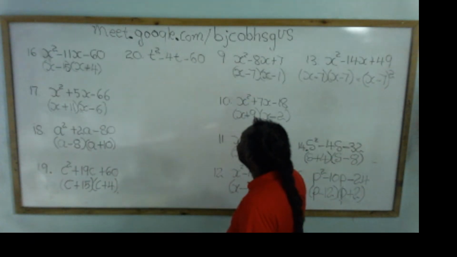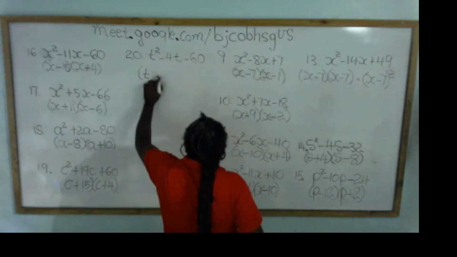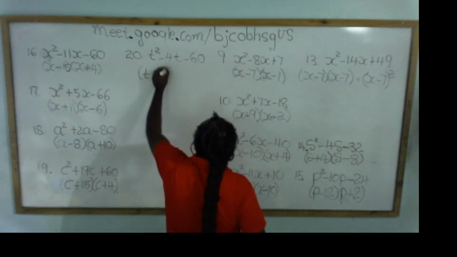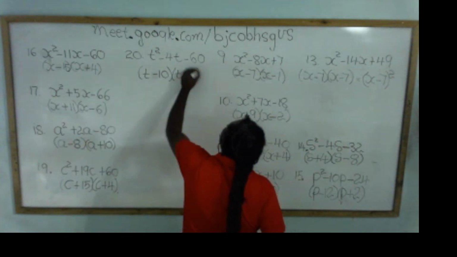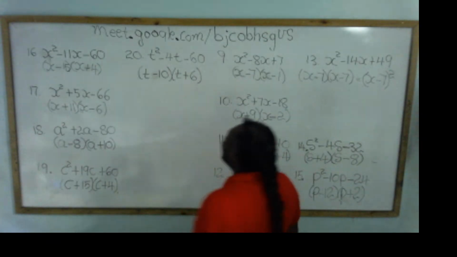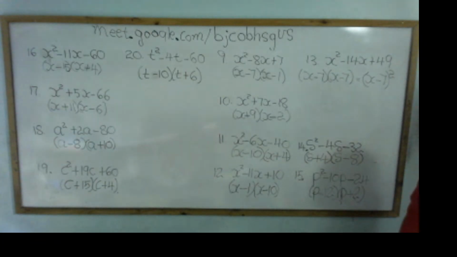All right, so this is going to be, I'm taking your answer T, minus 10 with t plus 6. Yes, t minus 10 with t plus 6. Nice.